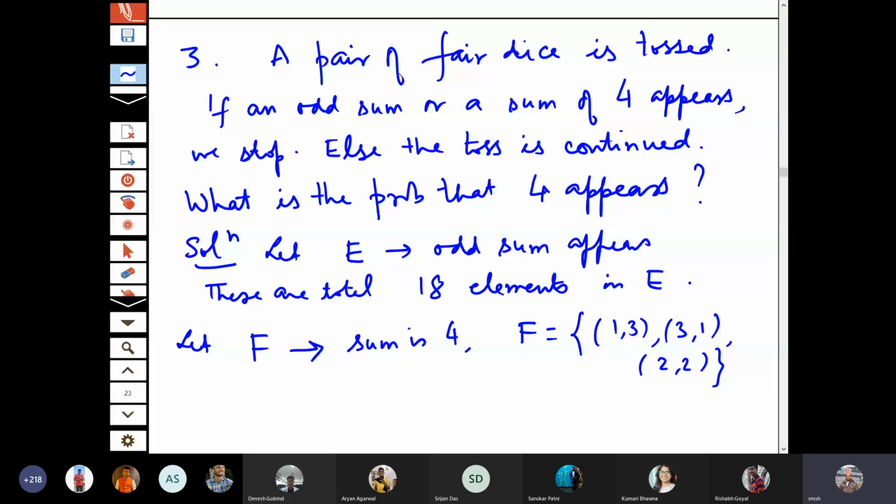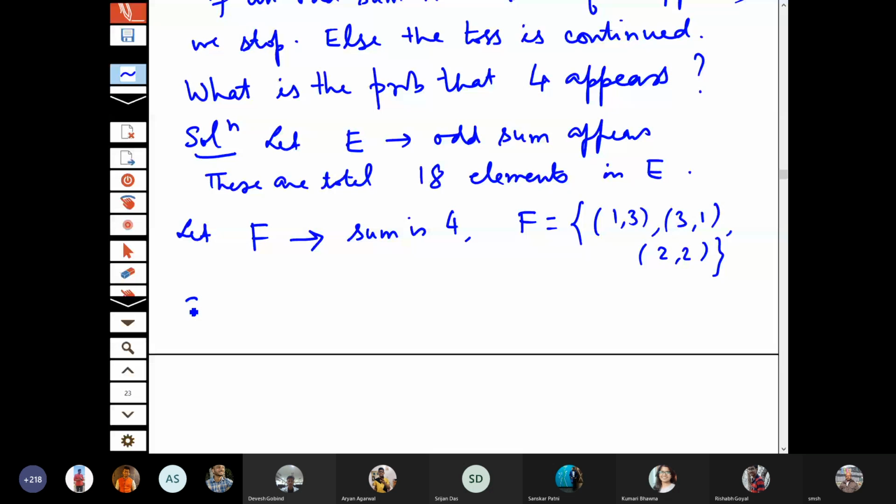The probability of F can be calculated, and the probability of E can be calculated. Actually, the probability of E is simply half. When we say 4 appears, then 4 can appear in the first instance itself. The probability of that will be 3 by 36, that is 1 by 12.